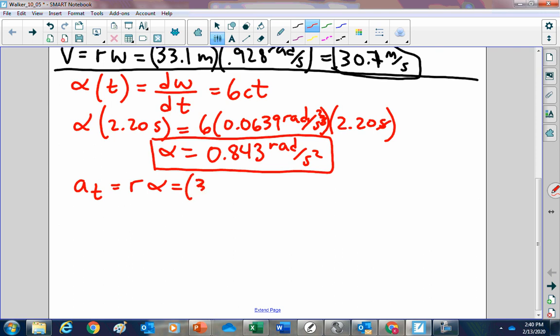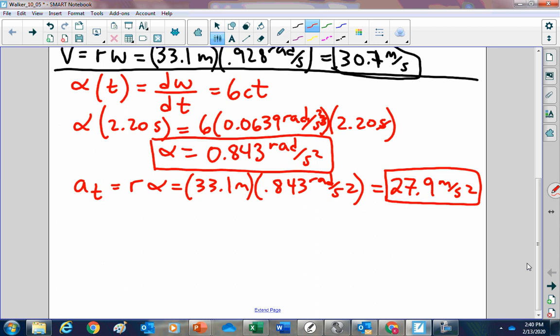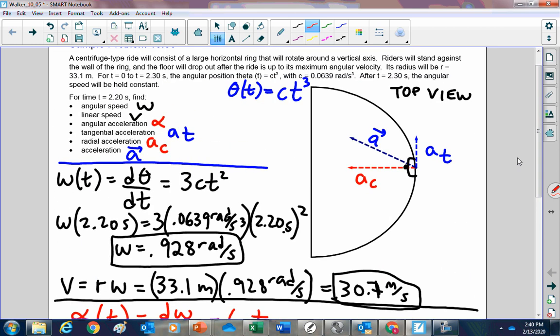This one isn't on the pink sheet, I can't find it, but that's something you can remember: all I have to do to get the tangential quantity is just do the angular quantity times radius. Okay, so then I got 27.9. Ooh, I should have written this in blue. But let me go back up here. So this one is actually the 27.9. That's what I just found.